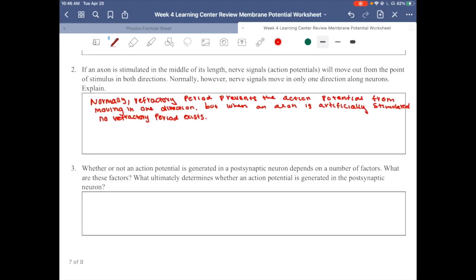So we're going to look at the type of neurotransmitter, and number slash frequency, and then how close the synapses are to the axon hillock.